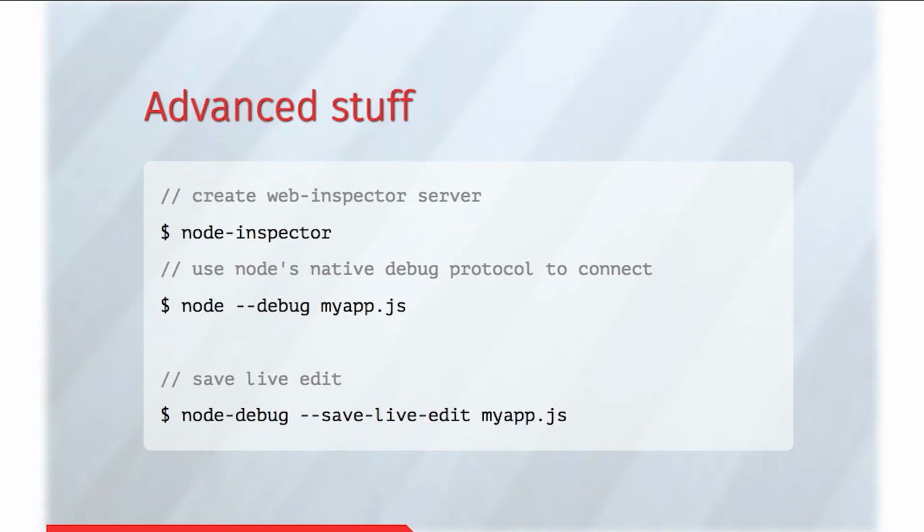And this one line is how you can enable live edit saves to the file system. So the usage is pretty simple, and debugging the application with this tool is way, way better than just console log.